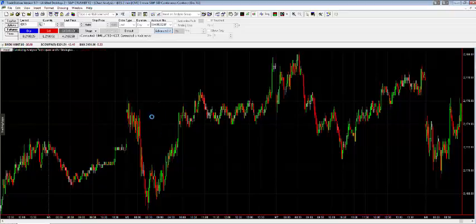So we don't pick the target just out of thin air. The way we come up with the targets and the stops is we'll actually run an optimization where it'll sweep through all the different combinations of stops and targets and let you know which one is the most ideal.